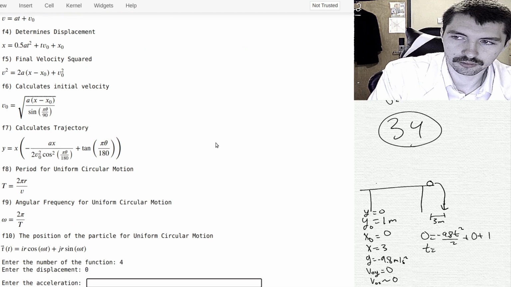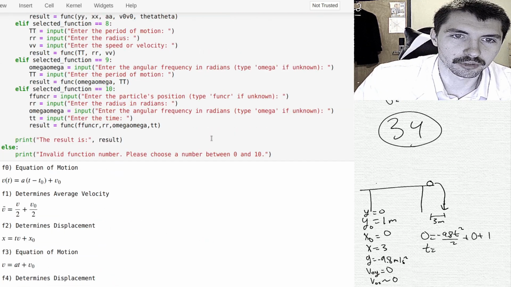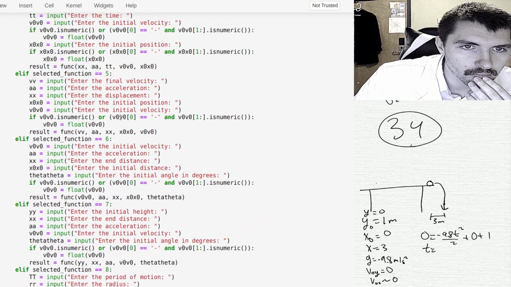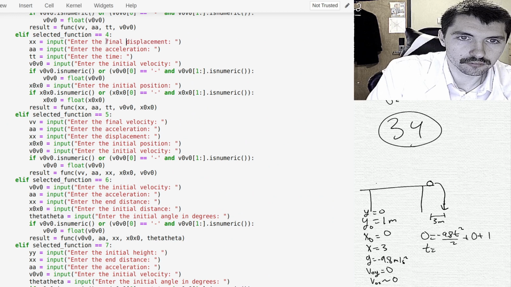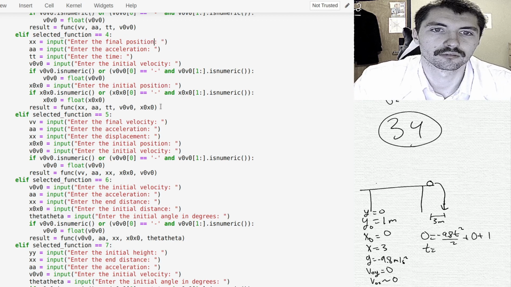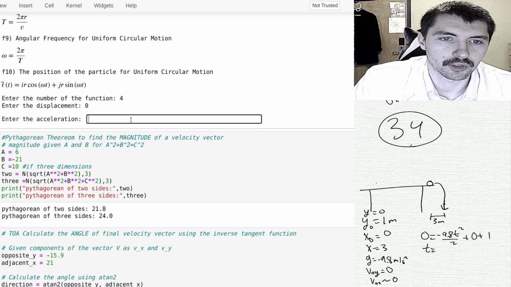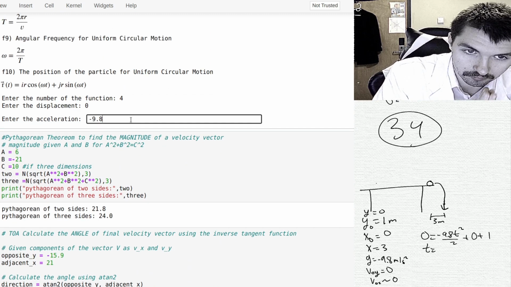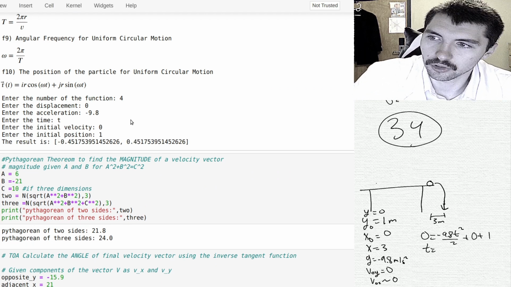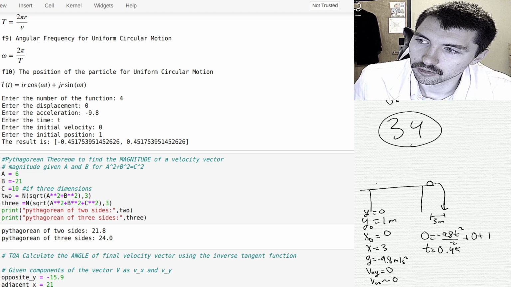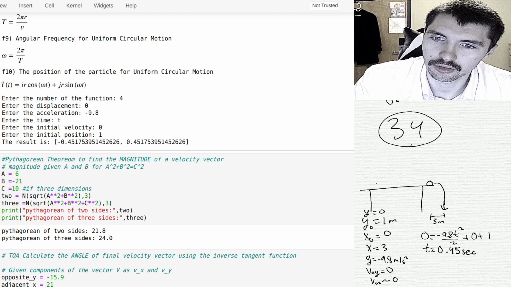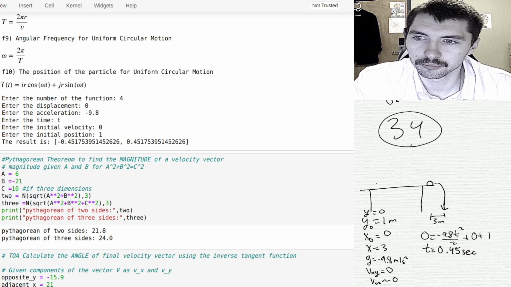So 0, final displacement, -9.8, 0, 1. Okay, so I'm getting about 0.45 seconds, half a second, before it hits the floor. Okay, so that makes sense.